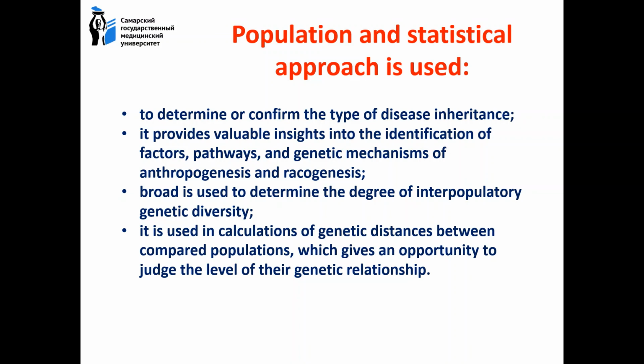It is broadly used to determine the degree of interpopulation genetic diversity. It is used in the calculation of genetic distances between compared populations, which gives an opportunity to judge the level of their genetic relationship.